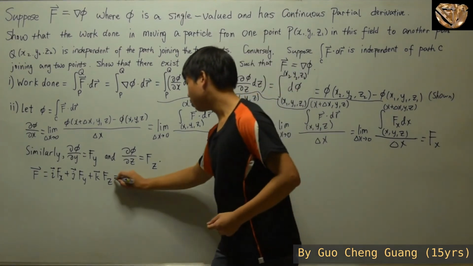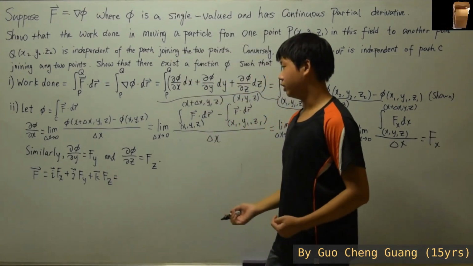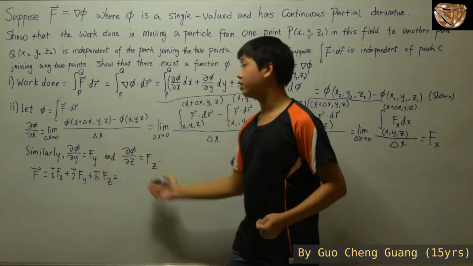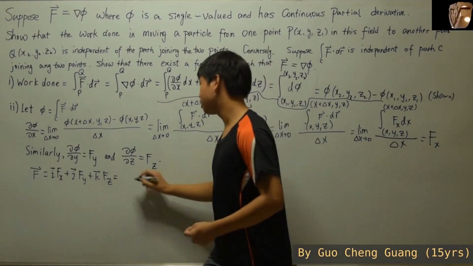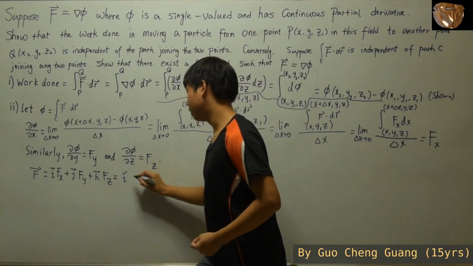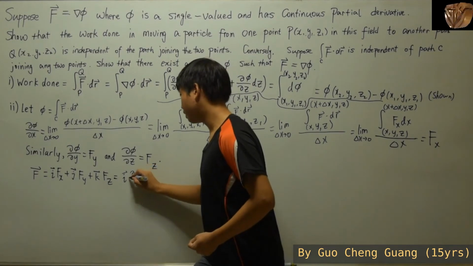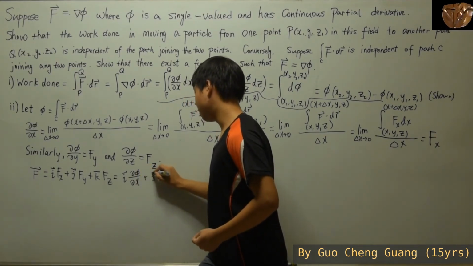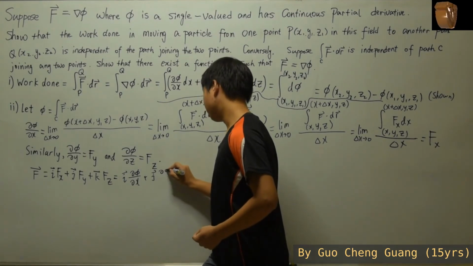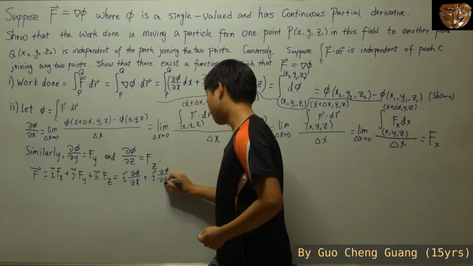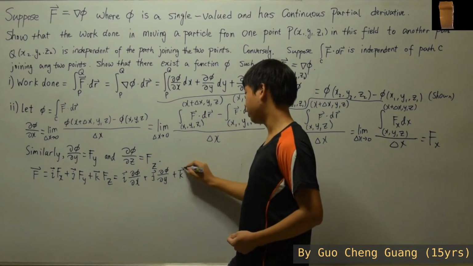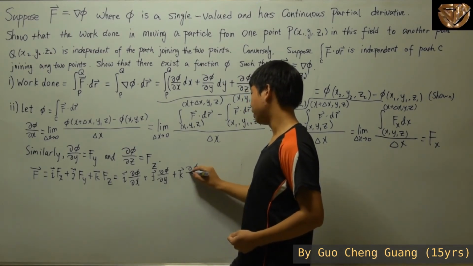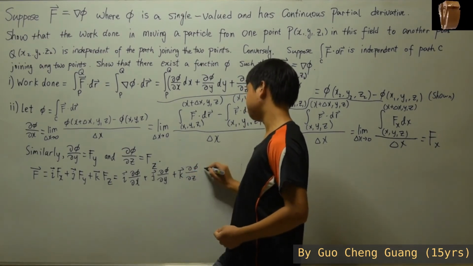Okay, so from here, how do we continue? Well, we just had some of these things above, which means the f vector will be equal to i vector partial phi partial x plus j vector partial phi partial y plus k vector partial phi partial z.